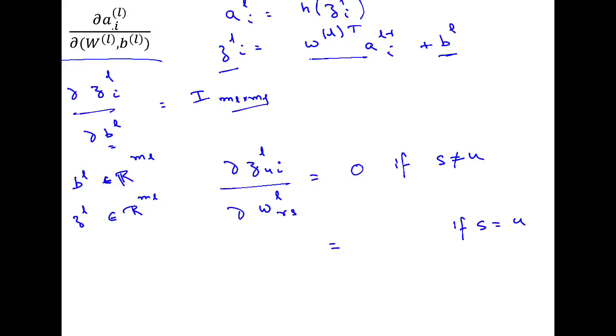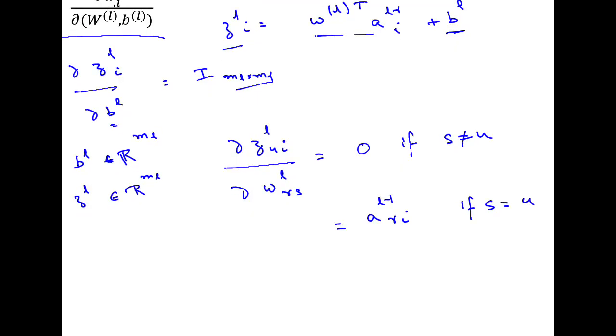A L minus 1 R I, if S equal to U. So instead of a 3D tensor, I can just put it in a 2D form.